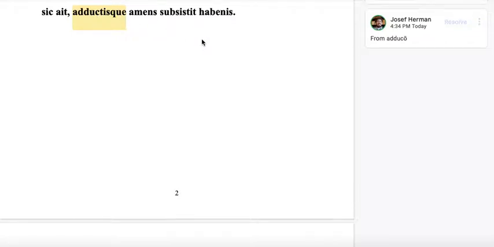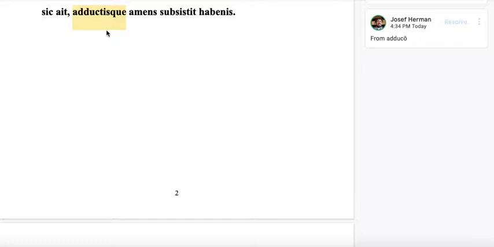And then we have an ablative absolute, adductis habenis. Literally, with the reins having been pulled in. Okay, so the habena is a rein, the habenae are the reins that you use to control a horse. And then adductis is the participle, the perfect passive participle from adduco, as I put here. Okay, from adduco.